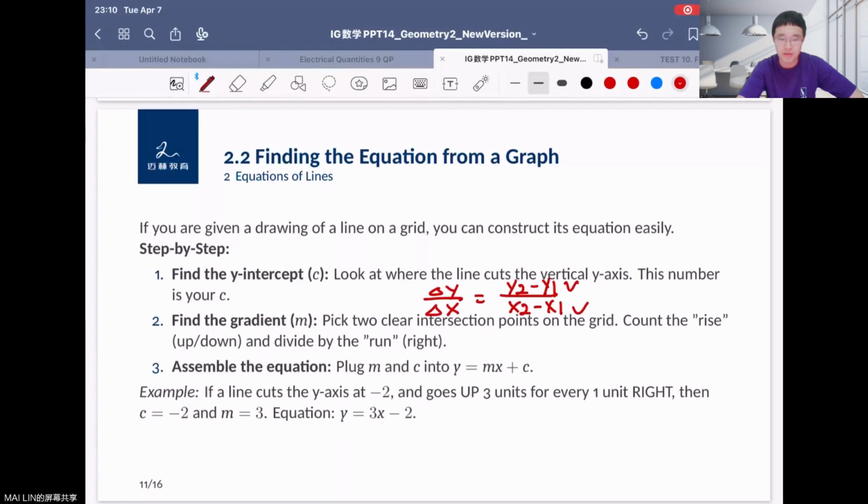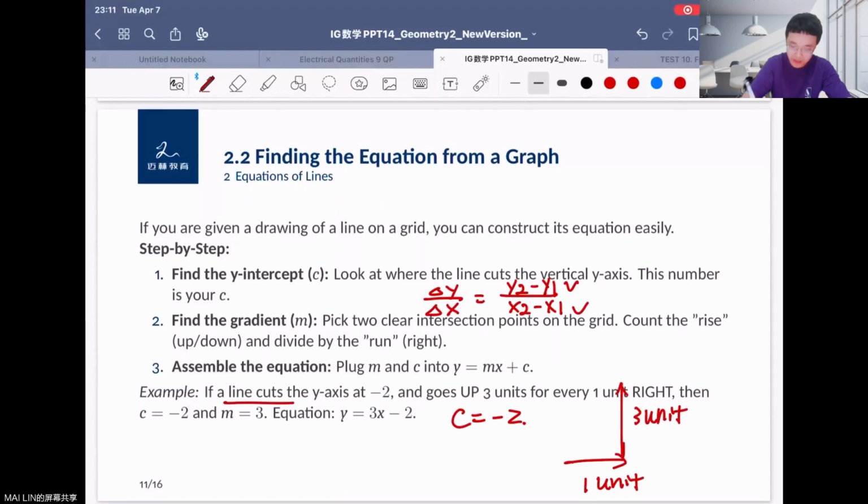So for example, if a line cuts the y-axis at -2, you can say the y-intercept is y equals -2, or c equals -2, okay? And it goes up 3 units for every 1 unit, right? Here is 1 unit, and here is 3 units.